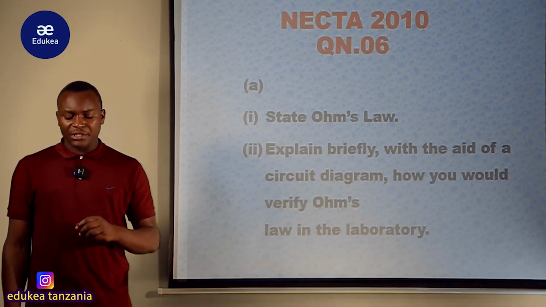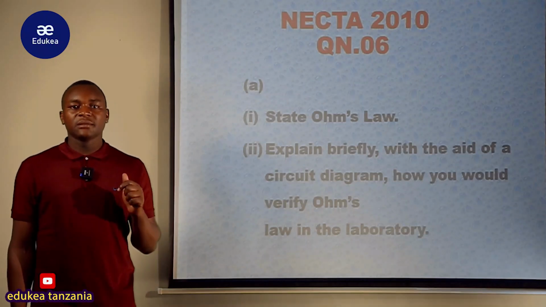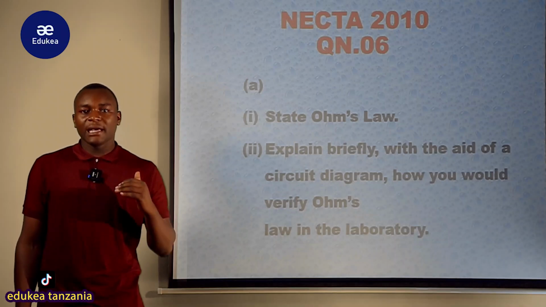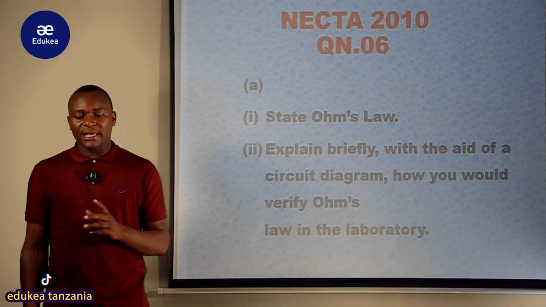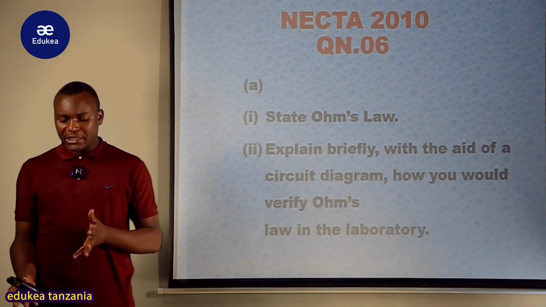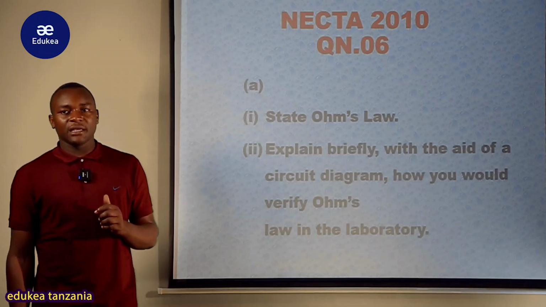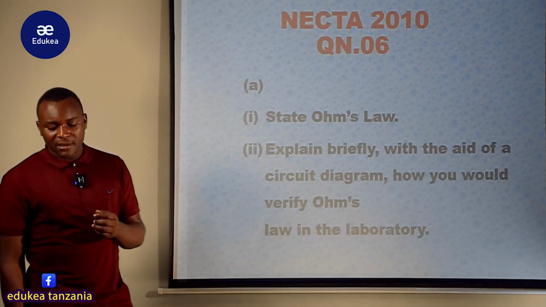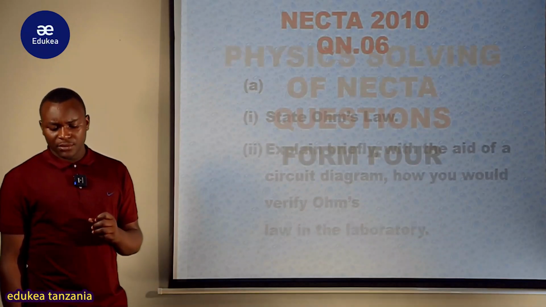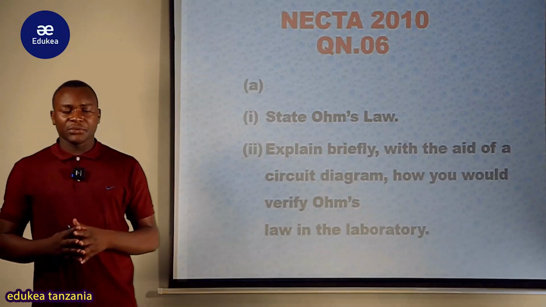The question has various parts: part A, part B, as well as part C. Part A has 2 Romans, part B stands alone without any Roman, and part C has 2 Romans.